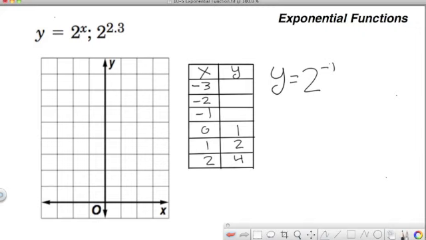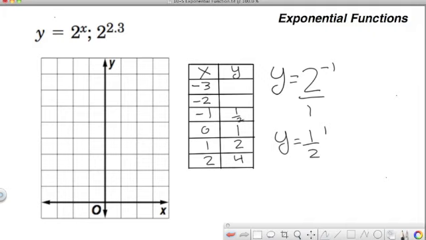The only way to do that is by flipping the base that it is attached to. You can't flip 2 because it's not a fraction, so you need to make it a fraction by putting it over 1. Once you put it over 1, you can flip it to 1/2, and that turns the exponent positive. So 1/2 to the first power is 1/2.